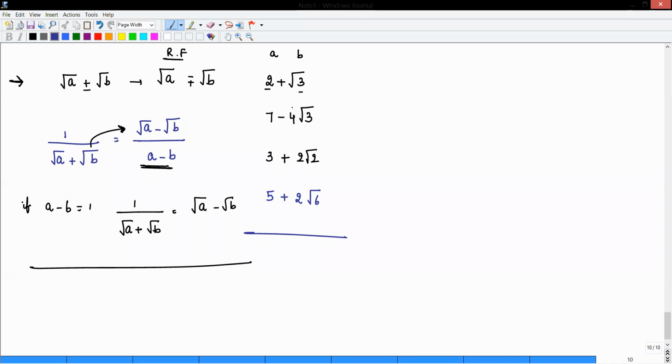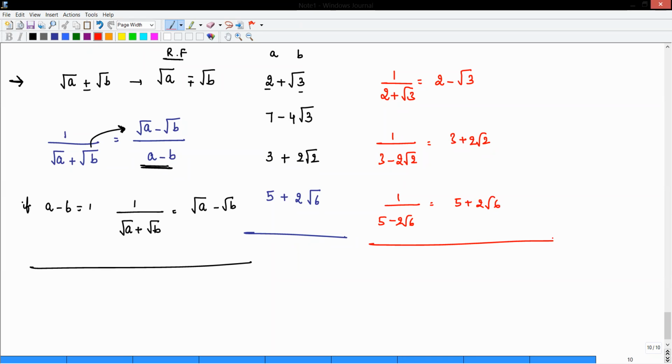For all these numbers, if it is A and B, then A square minus B square is 1. Therefore, how do you write them? Suppose when you have 1 by 2 plus root 3, you can always write it as 2 minus root 3. Because anyway, the difference is 1. So you can make it like this.